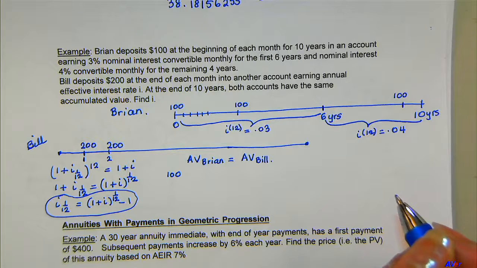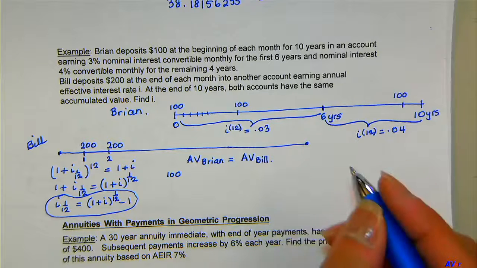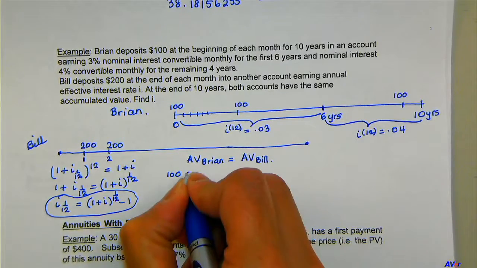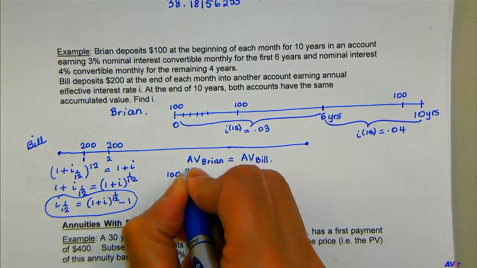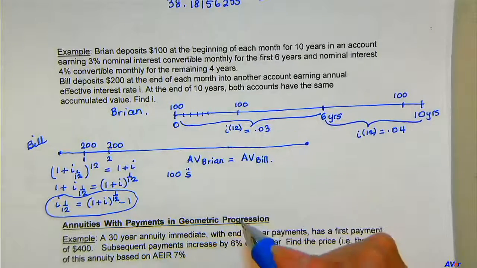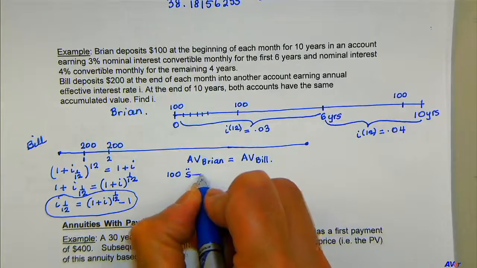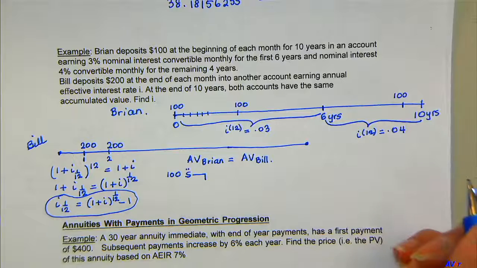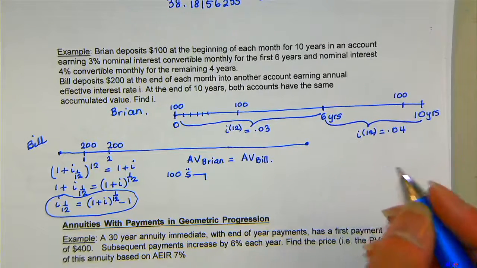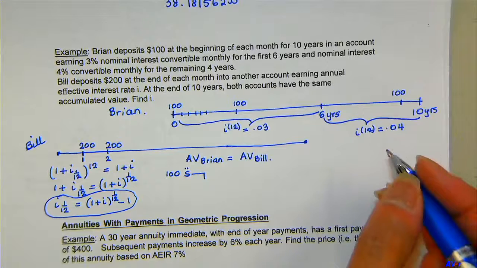No, s angle. I'm talking. Right. s or s double dot? Double dot. Right. s double dot, because the payments are starting immediately, right? 100 s double dot angle what? Talk to me. I want to hear your thoughts. Angle i.